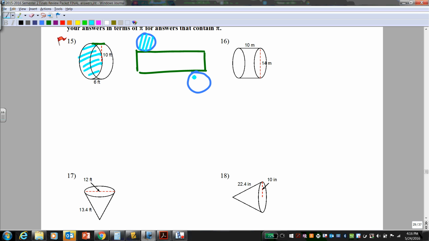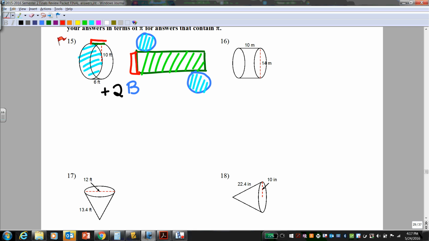So to find my surface area, I see that I need the area of 2 bases. So there's my 2 bases. And then I basically need this area, which looks like a rectangle. We use length times width, but my width there is actually the height of the cylinder.